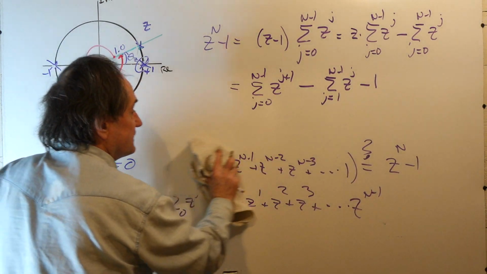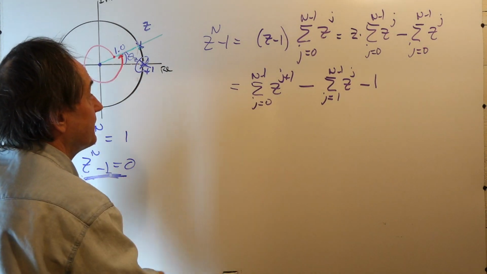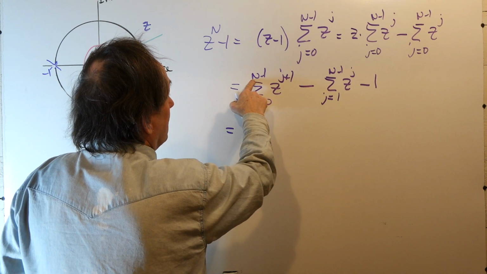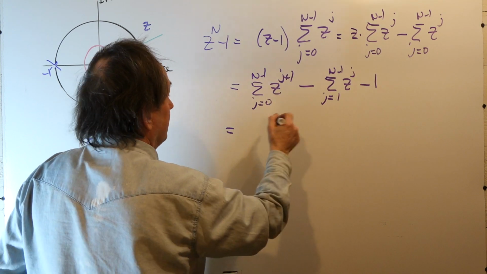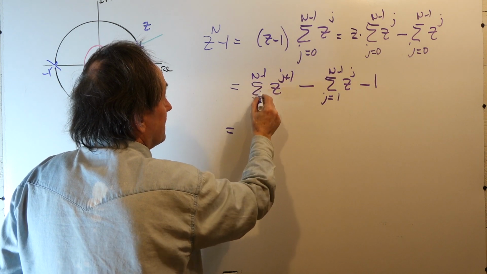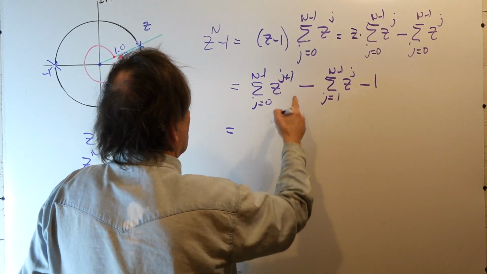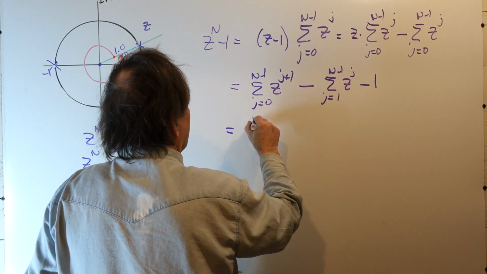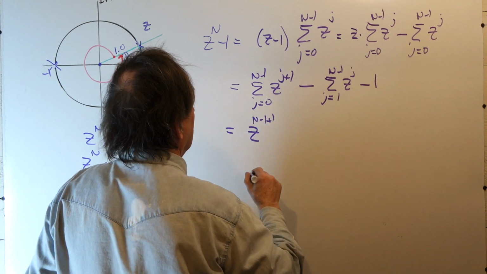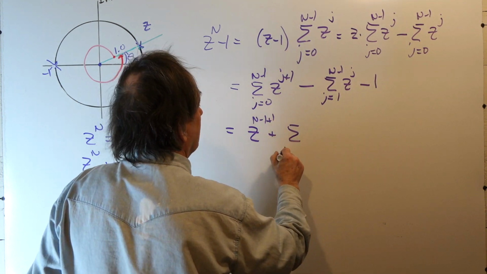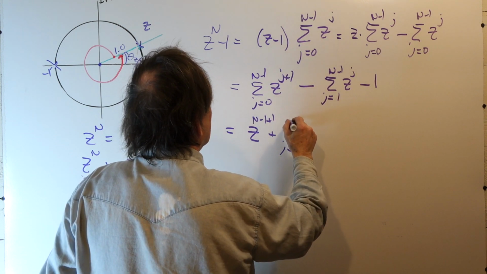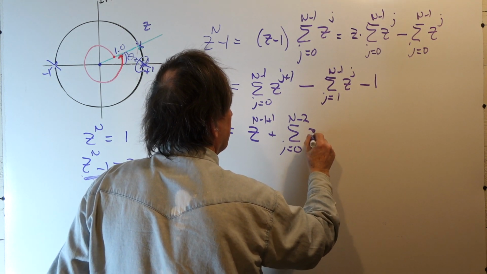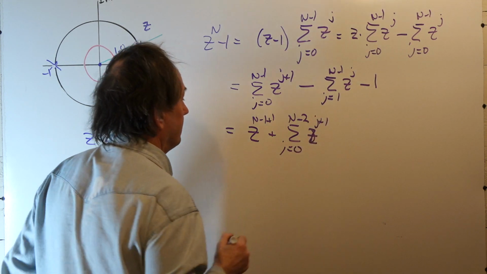I've just pulled that out of the summation, and I'm starting the sum at 1. Now, let's look at the first sum. I'm going to pull out the last term of the sum, where j is equal to n minus 1, and then stop the sum at j equals n minus 2. So when j is equal to n minus 1, we have z to the n minus 1 plus 1, plus the sum of j equals 0 to n minus 2 of z to the j plus 1.